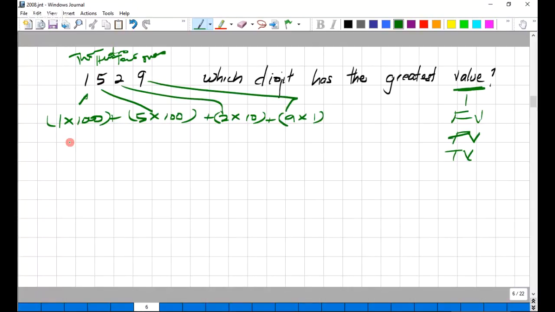It's 1 times 1,000, which would be 1,000, plus 500 plus 20 plus 9. And what they asked us for was the digit with the greatest value, which is 1. All right. Yes, sir.